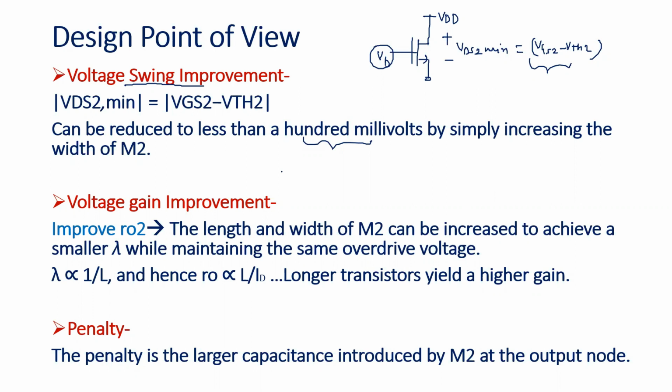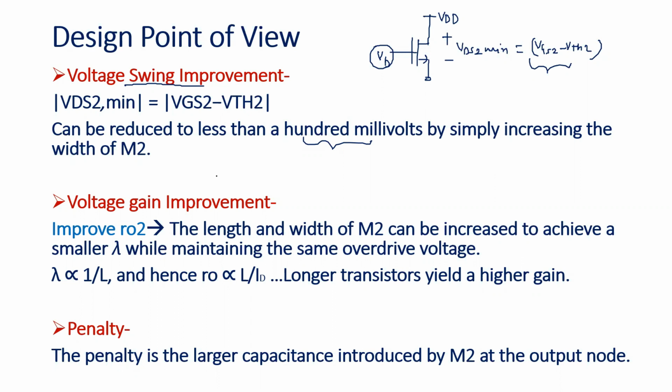If we can reduce the overdrive, then we can improve the swing. But in the case of RD, we had to increase the value of RD to increase the gain, which limited the voltage swing.